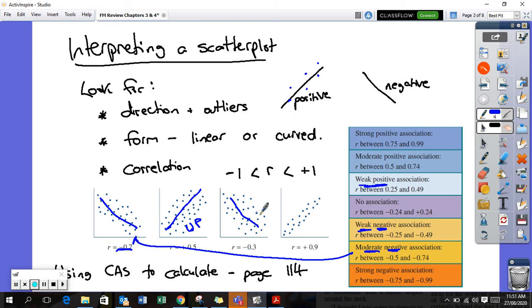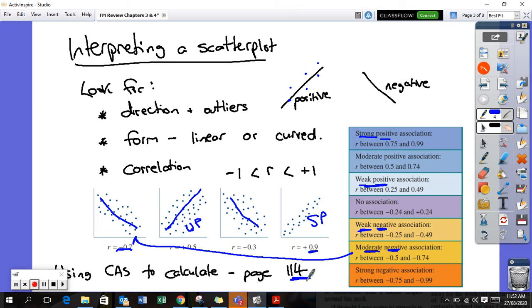So it's not far off that. And this one here is R equals +0.9. It's got a strong positive correlation.